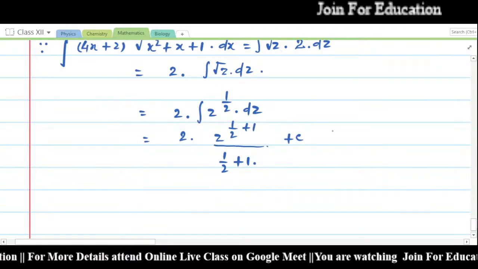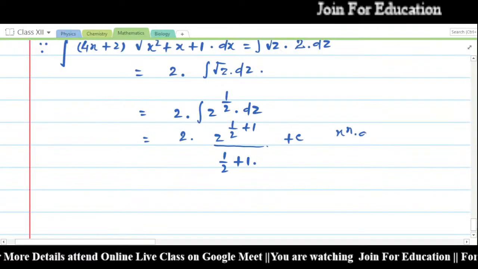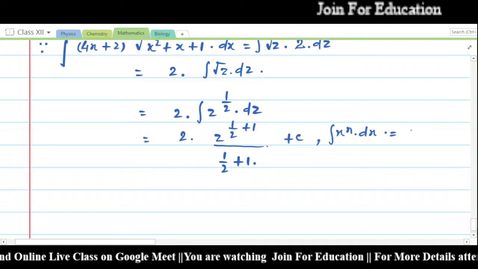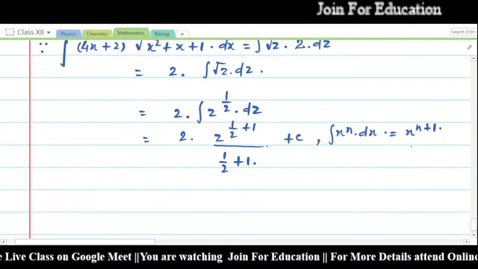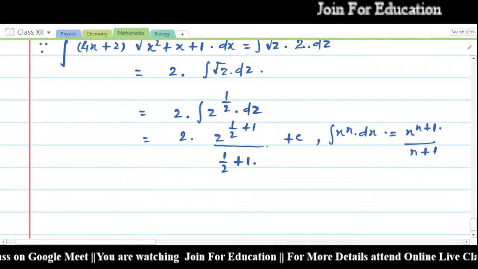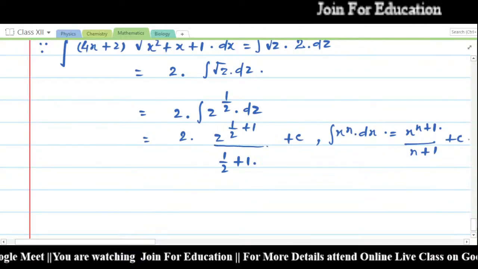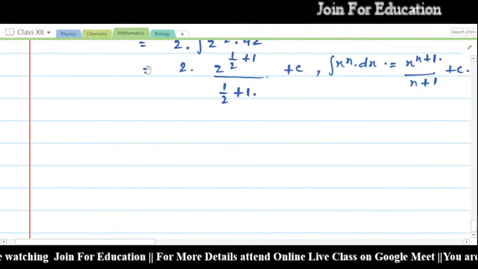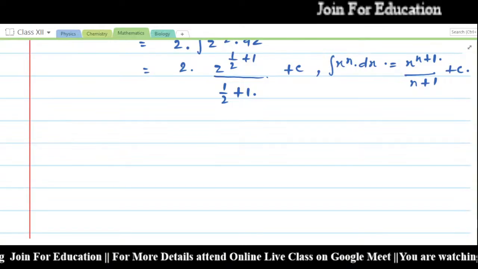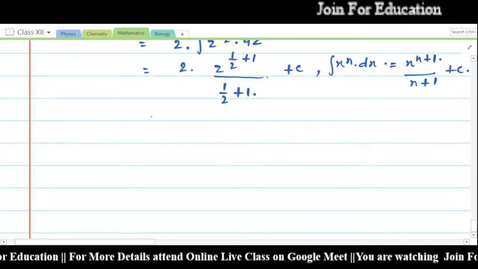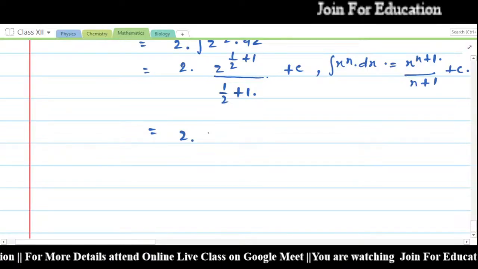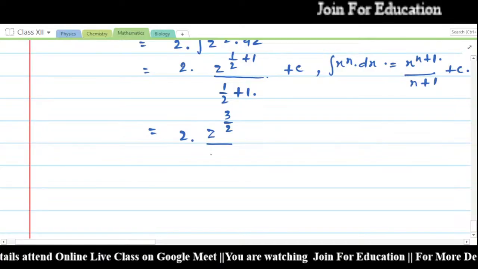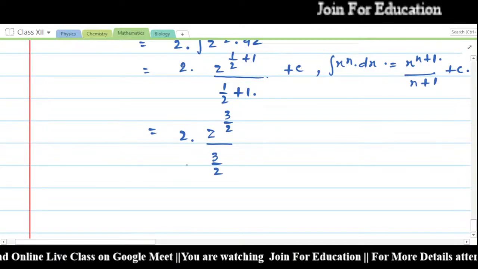We used here the formula x to the power n into dx equal to x to the power n plus 1 by n plus 1 plus c. So the next step here will be equal to 2 into z to the power 3 by 2 by 3 by 2.